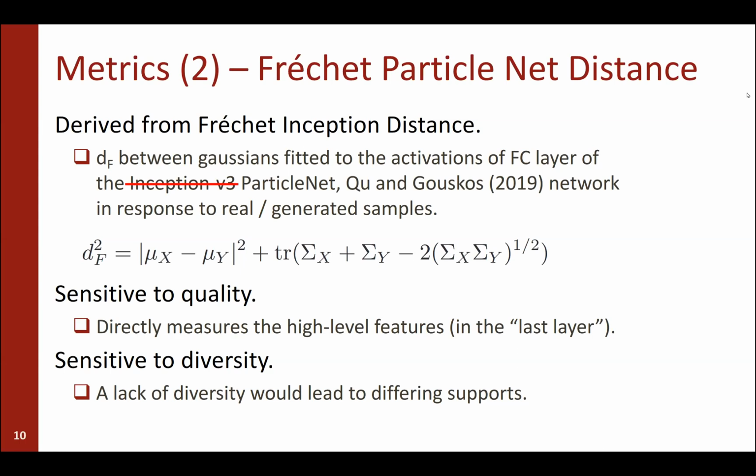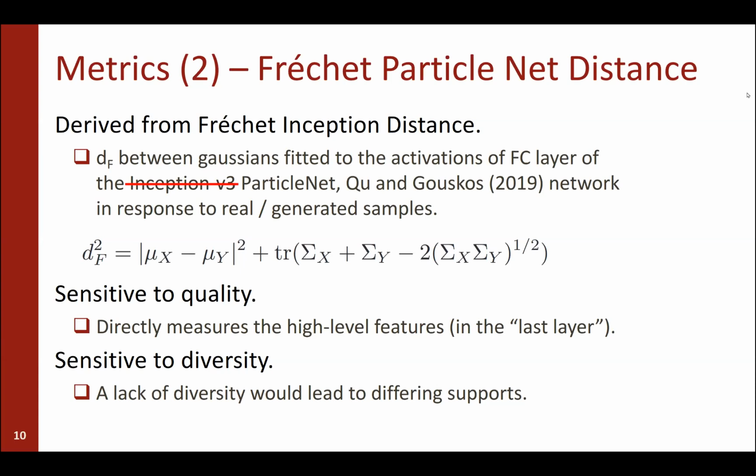The definition of the Frechet distance squared is there, but you calculate it between Gaussians fitted to the activations of the fully connected layer of the network. So in the inception distance, you calculate on the last layer of the Inception V3. In our case, we calculate on the final layer of ParticleNet. So you calculate this, and once again, this is sensitive to quality and diversity.